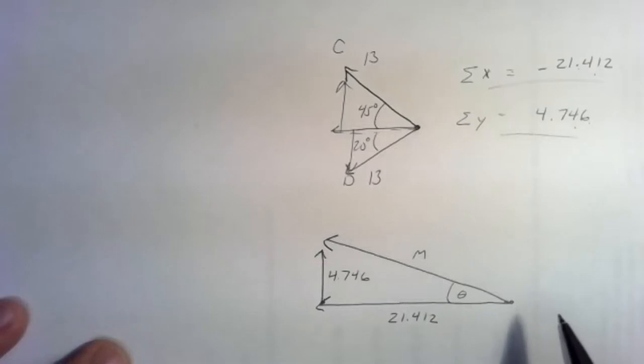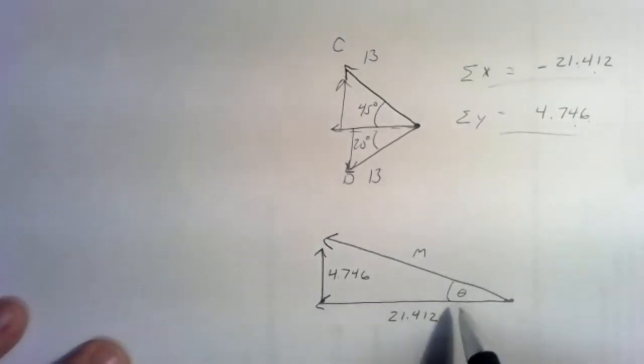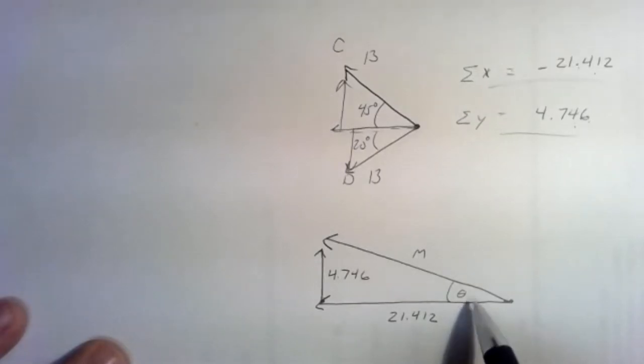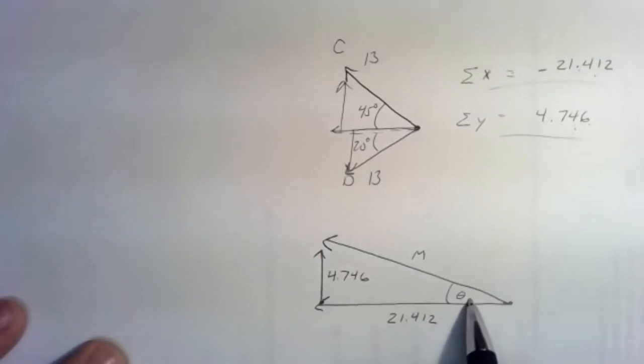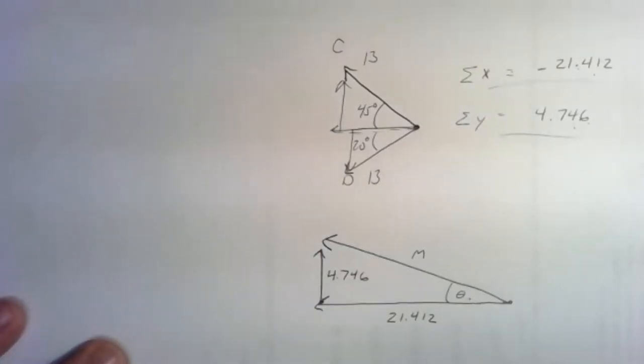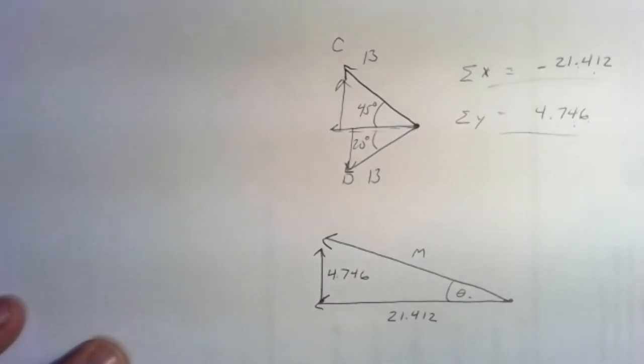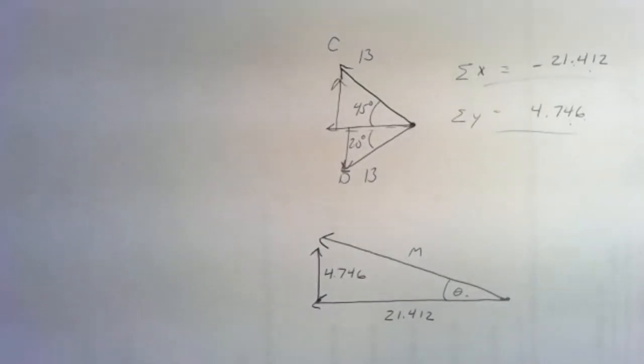So one of the big errors I see in this problem is not so much an error, but being unclear about what angle is being used. I like the drawing because it immediately identifies and shows me exactly what angle you're talking about. So you don't have to bring in any words saying, well, this is clockwise from the negative x-axis. It's right there in the drawing. So it's perfectly clear what it is.